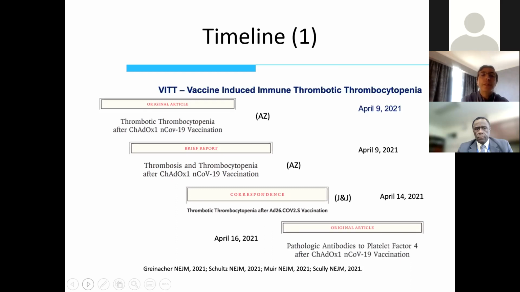So you see initial reports of VITT occurring after first vaccinations of the ChAdOx1, all of the AstraZeneca, and you also see in the mix an initial report of VITT occurring after the Johnson & Johnson/Janssen vaccination.